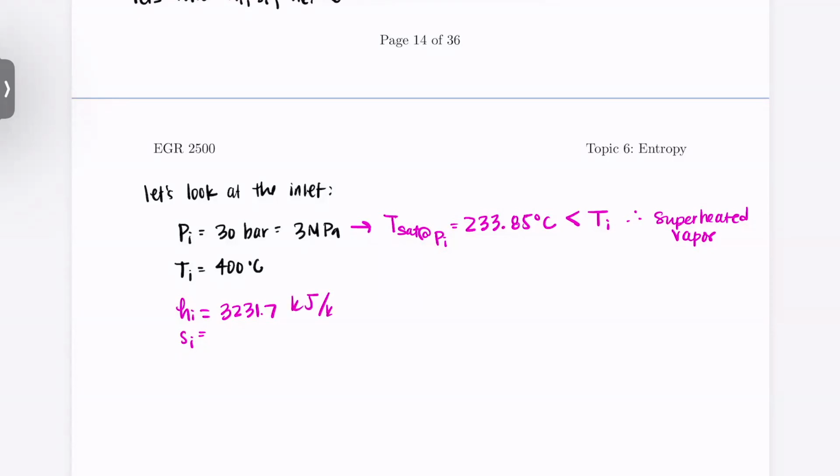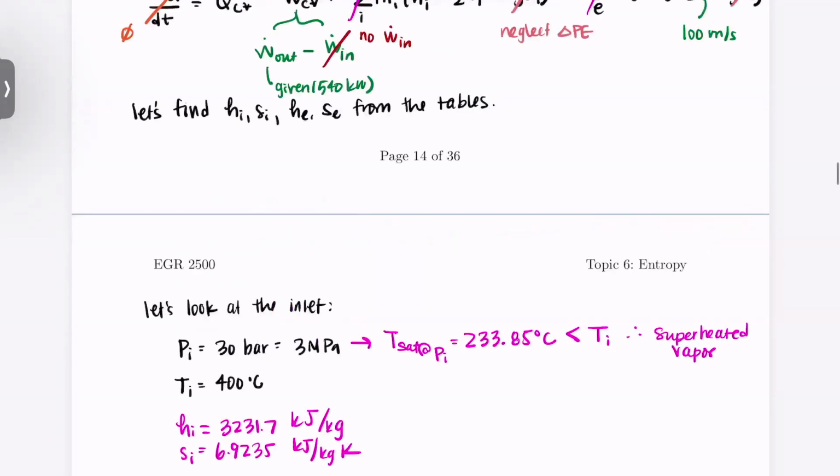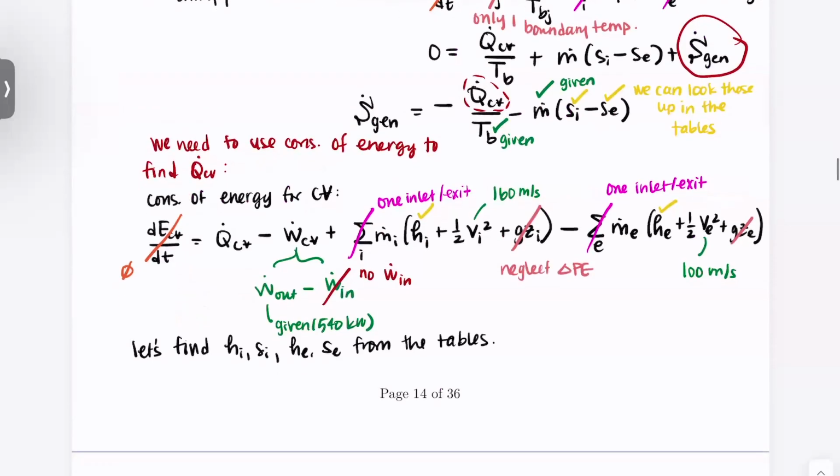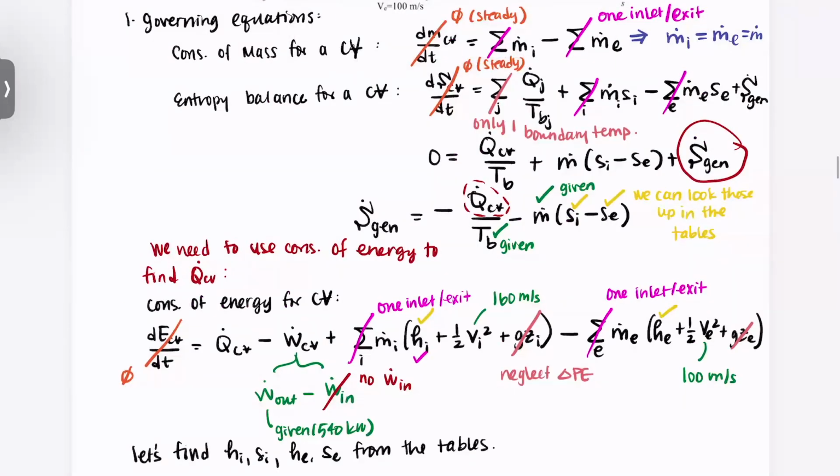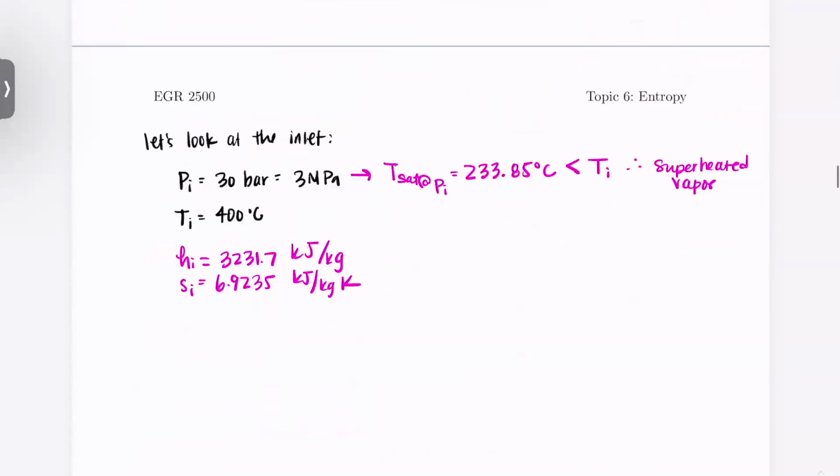Kilojoules per kilogram. And the entropy is 6.9235 kilojoules per kilogram K. All right, so that means we have hI sorted out and we also have sI sorted out, so that's good.